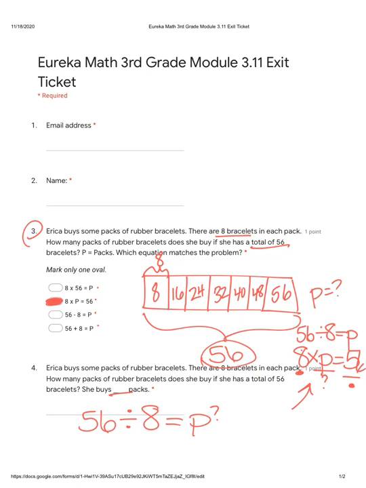Okay, so how many packs is this? This is 1, 2, 3, 4, 5, 6, 7. There are 7 packs, so P equals 7. She buys 7 packs.